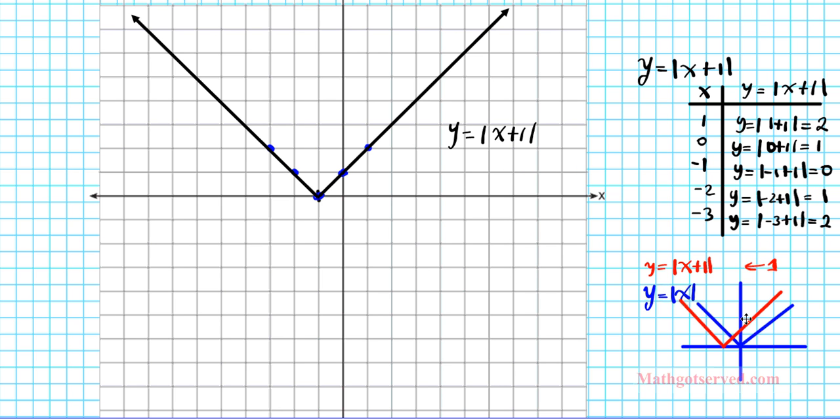You notice that we even knew what the answer was before we did any work. That is because we had an idea of what the parent function looks like, a V, and this plus 1 basically means a shift 1 unit to the left. That's what we discussed here. You see how this vertex right here shifted 1 unit to the left to -1. And then just using a few points, we have the graph of our function. So that's that.